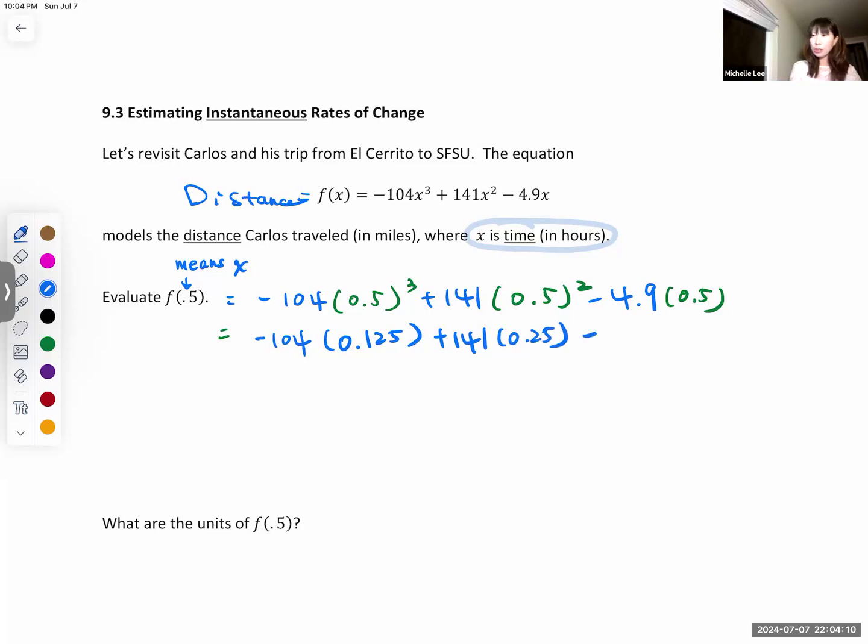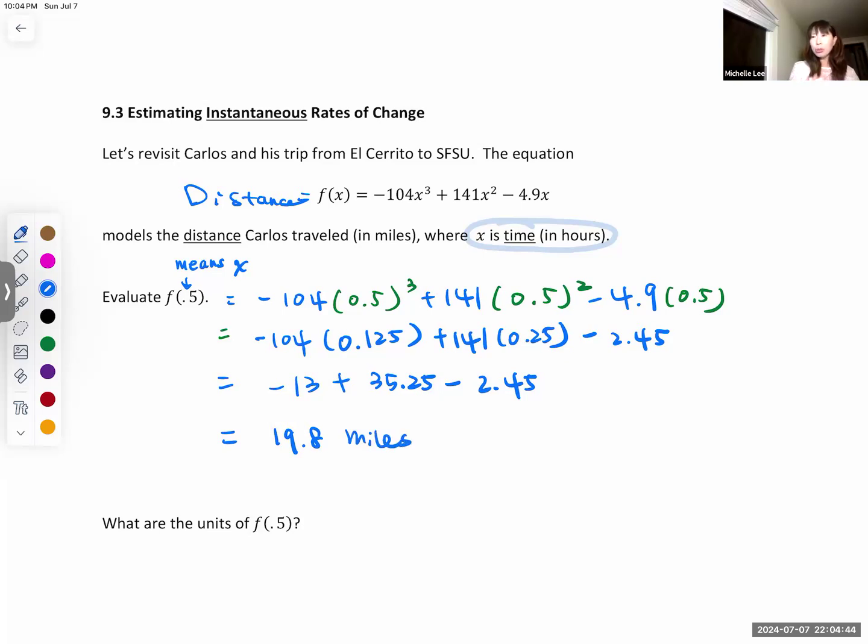Now we calculate 4.9 times 0.5, which is 2.45. We calculated this one, we have negative 13. The next term is 35.25. And then the last one is 2.45. Then we get 19.8 miles.